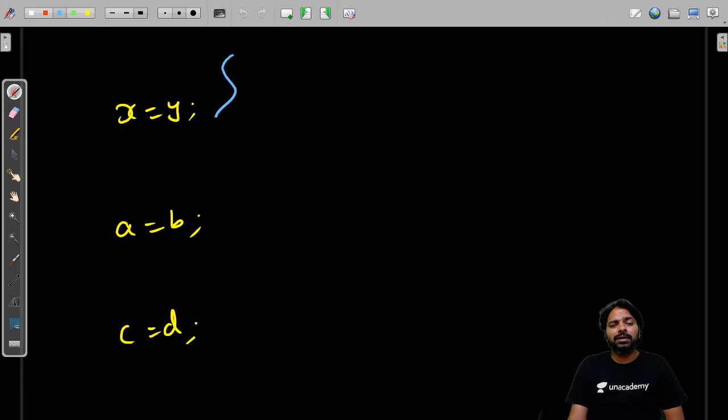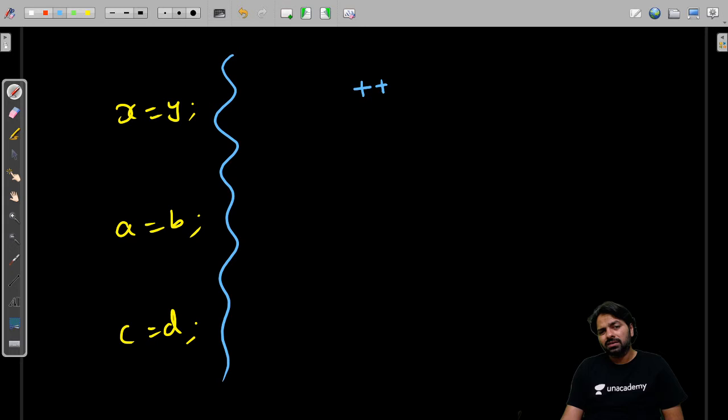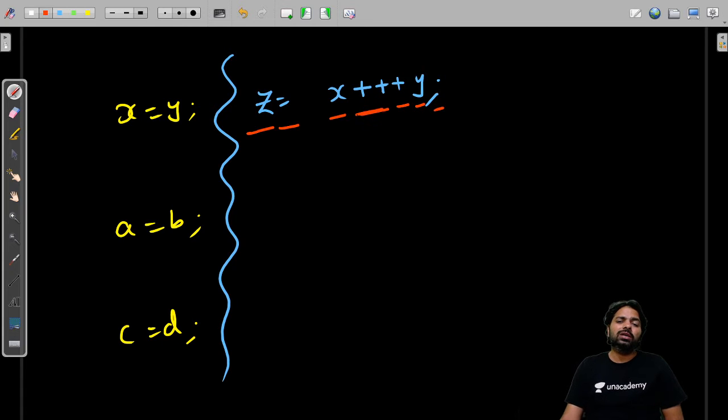But before that, let me talk about one thing. Suppose you are writing a program, let's say z equal x double plus and plus y semicolon, with no space, guys. How does the compiler scan? See here, how does it know that double plus is not two single characters?